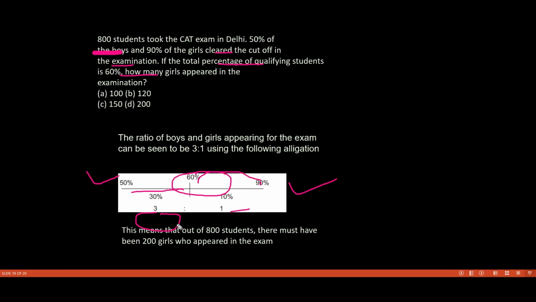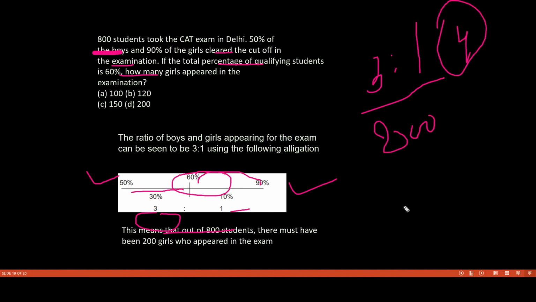So we have the ratio of 3:1. When we get the ratio of 3:1, that means in 800 students we have to make 4 parts. So each part is 200. So there are 600 girls and 200 boys.